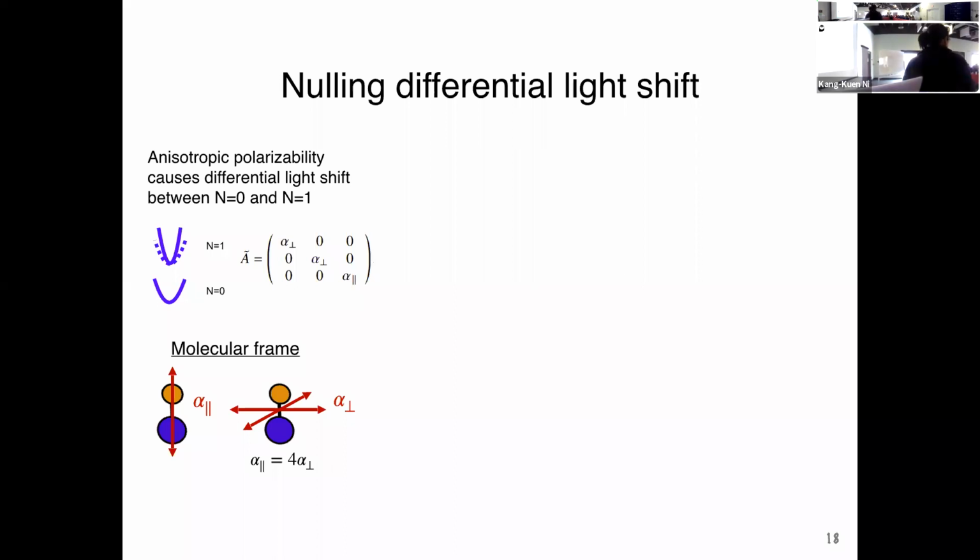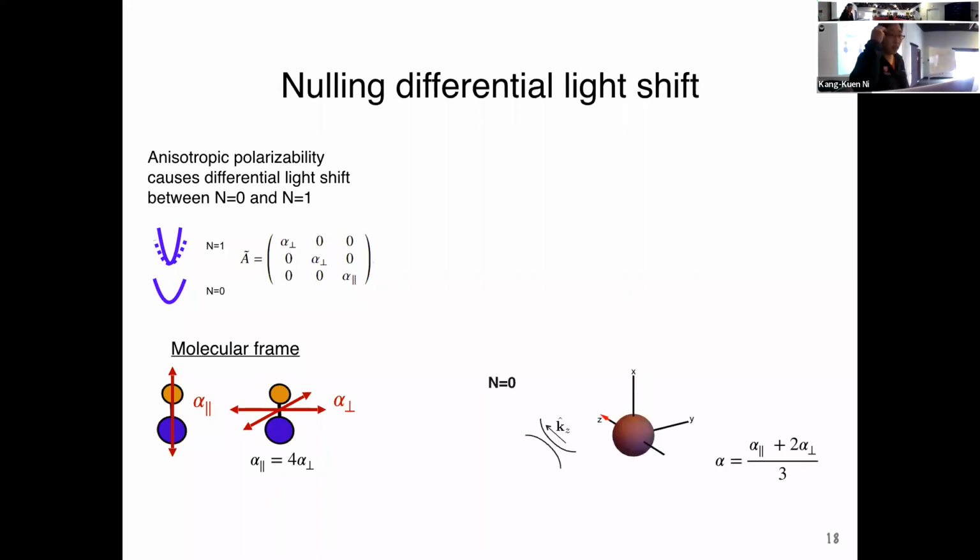And this is intuitive because the molecule's dipole moment is this way, so it makes sense that this is a lot larger than the perpendicularly polarized situation. And for n equal to 0, we basically have a spherically symmetric state, and the total polarizability is just the sum of this direction plus this direction plus that direction.